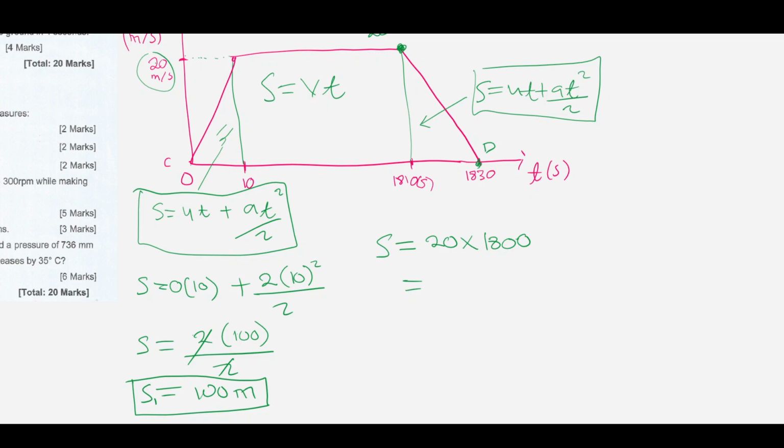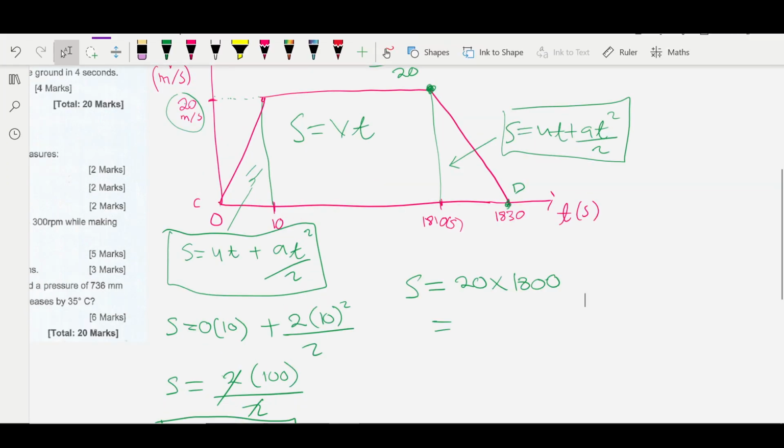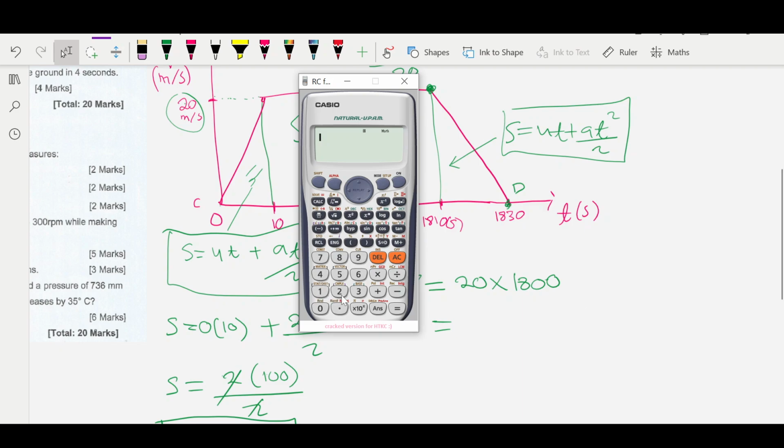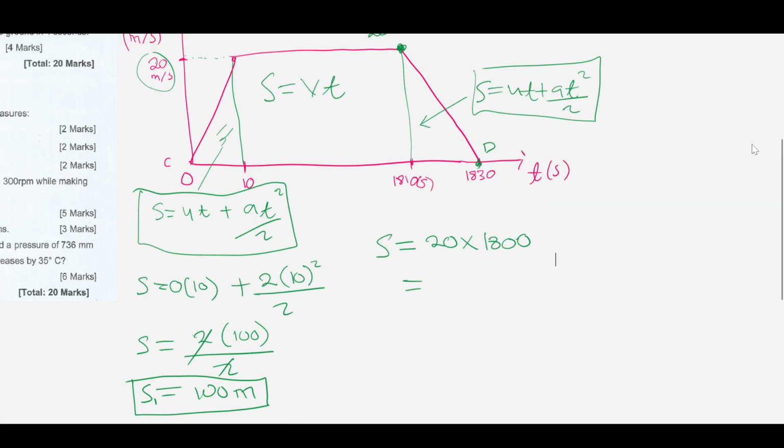Let me get the calculator. So 20 by 1800 is equal to 36,000. So distance here will be 36,000 meters.